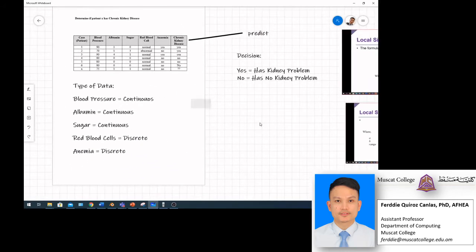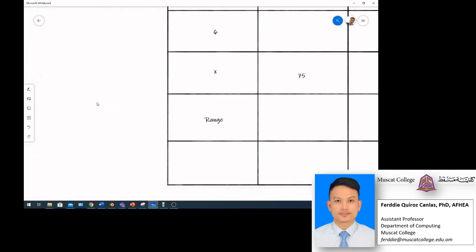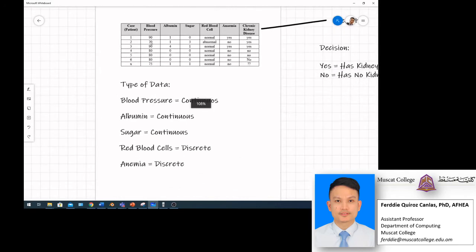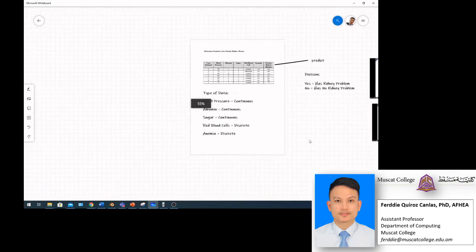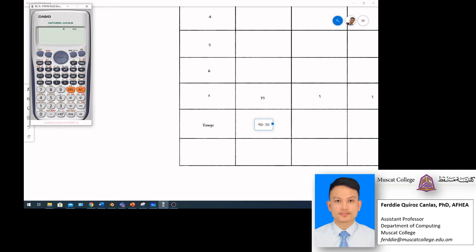So the range of the blood pressure is 90 minus 70. So in this case, we can now calculate it. What's the value for this? 90 minus 70, you will get 20.